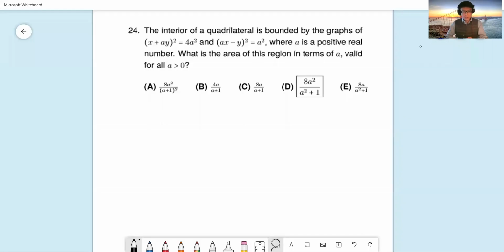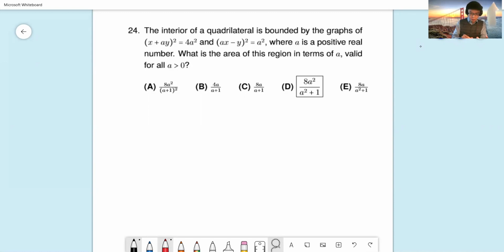Question 24. Here we have 2 equations. They bound a quadrilateral. And we see that for both equations, we can take a square root. So basically, they are 4 straight lines. Now let's find these 4 lines. The first line is here. Let's take a square root.